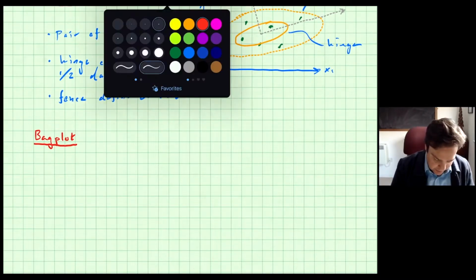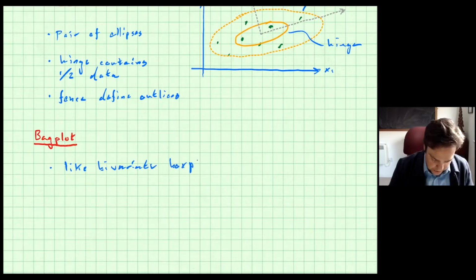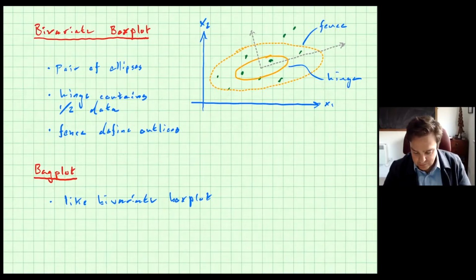So the bag plot, I'll just say something about it before we look at one. It's similar to bivariate box plots. So I'll say it's like a bivariate box plot. But the bivariate box plot only contains information about the two different variates shown, so the two columns of the data matrix that you were interested in.